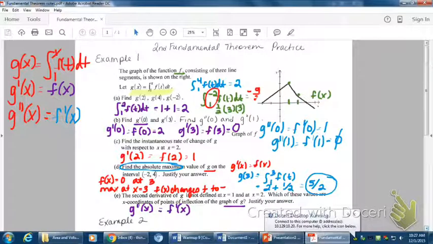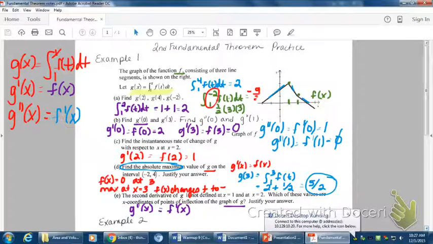Now, is there a point of inflection at either 1 or 2? The second derivative has to change sign. This is f of x, which is really the first derivative of g, so the second derivative of g is the slope of this graph. The slope is positive and then negative around 1, and around 2 it's negative and then negative.